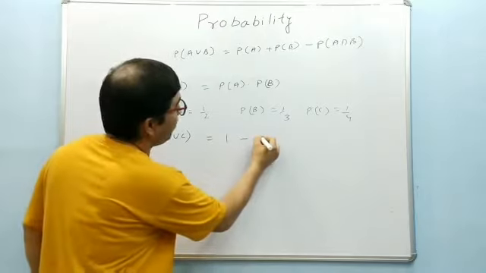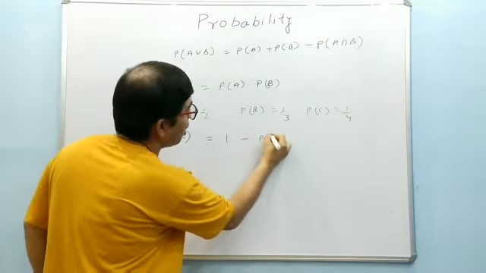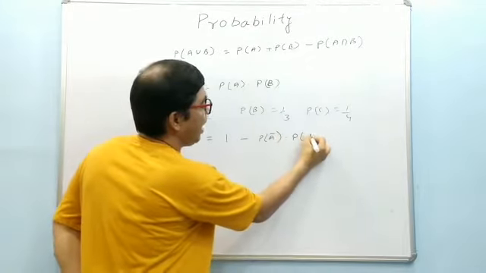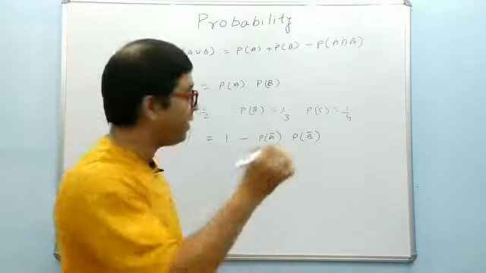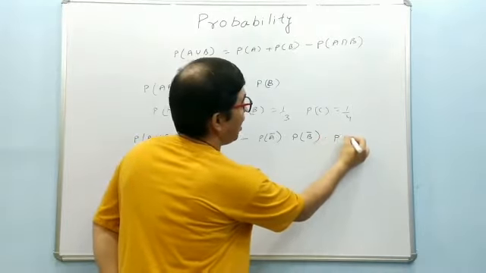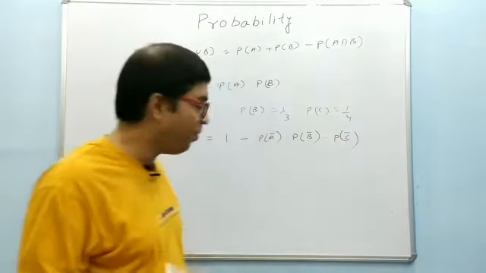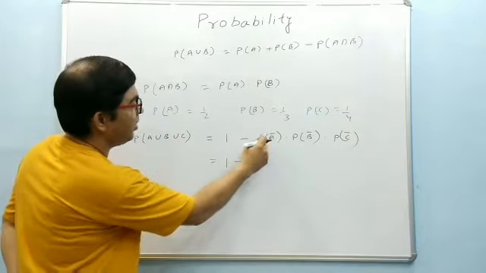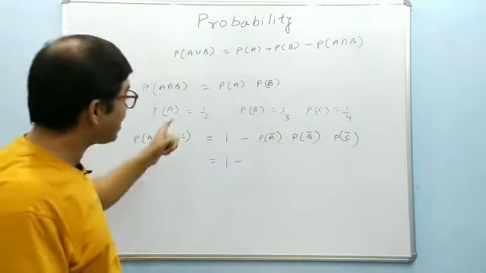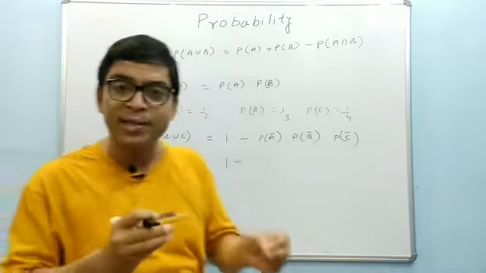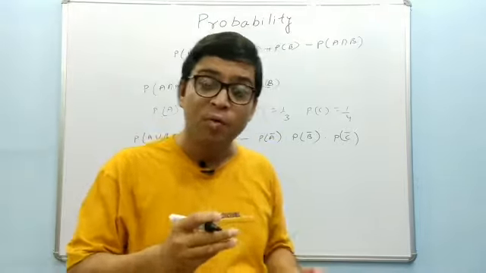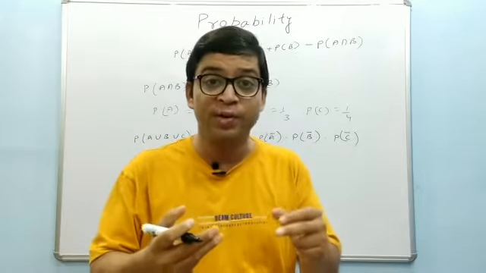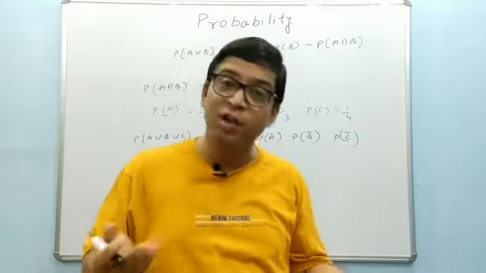Nobody is solving the problem means A is not solving the problem and B is also not solving the problem and C is also not solving the problem. So it is coming out to be 1 minus PA dash, which is actually 1 minus PA. Why? PA and PA dash are mutually exclusive. Either he will solve or he will not solve.